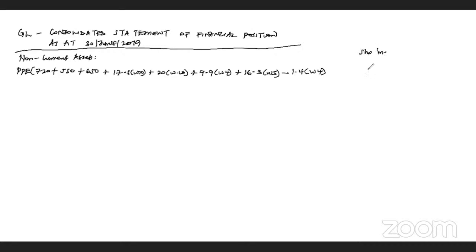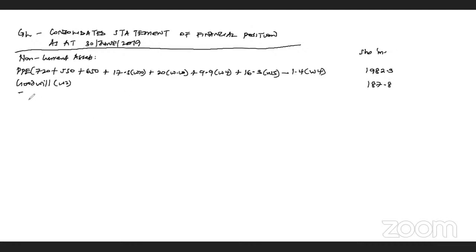So this gives me 198.2.3 million inside. Then you get your goodwill from working 2. That goodwill is 187.8. That is goodwill for NUL.